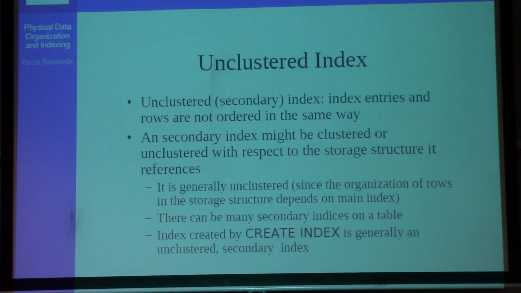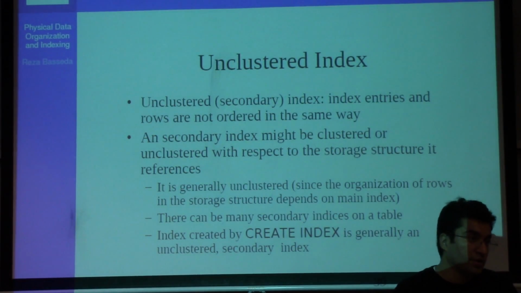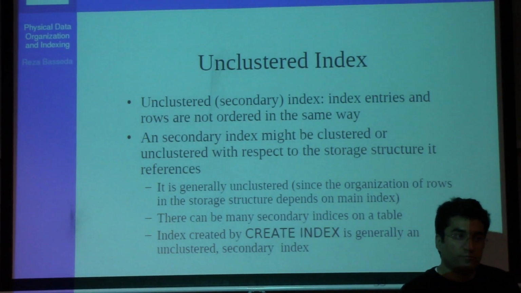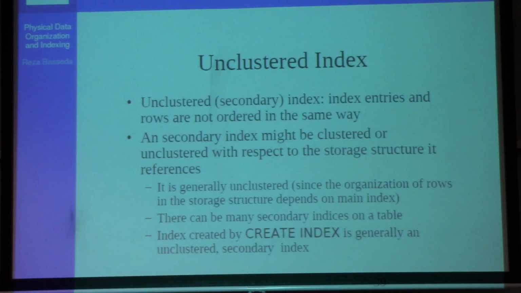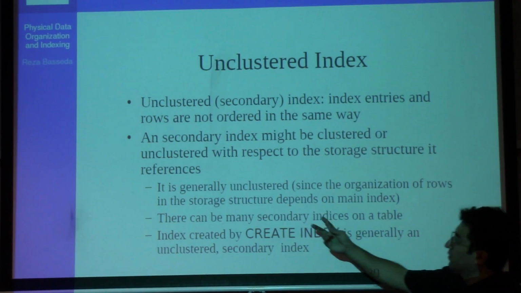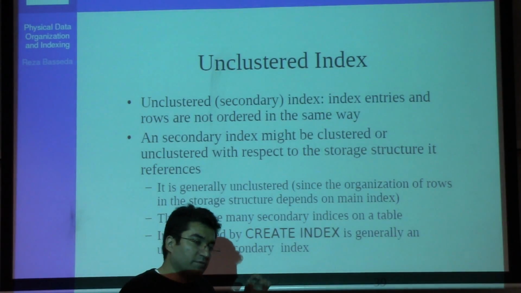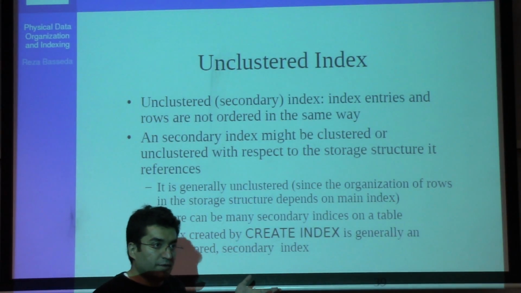You are replicating data. Suppose you are not sorting the information based on the primary key. You have another index, which is last name, a secondary index, but the data is sorted based on it. Therefore, the secondary index is also clustered. But usually, secondary indexes are not clustered because clustered indexes are usually primary keys.